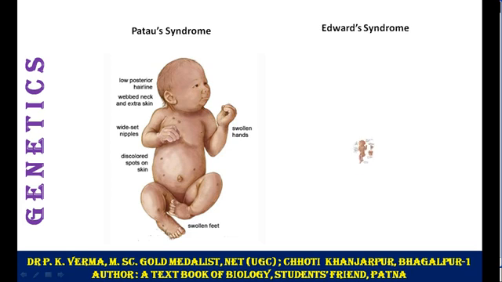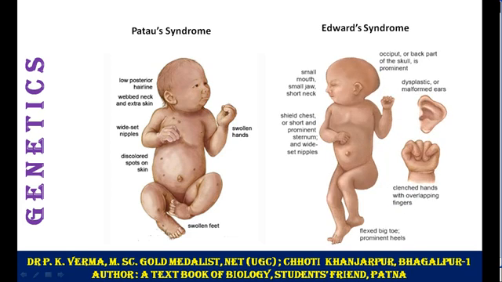In Edwards syndrome, the child has a small mouth, a small jaw, short neck. Occipital or back part of the skull is prominent. There is a symptom, dysplastic or malformation of the ear. Ear is shown separately. Another problem, see clenched hand.